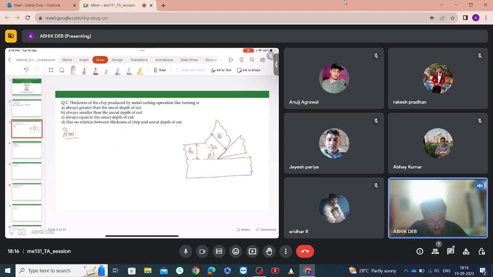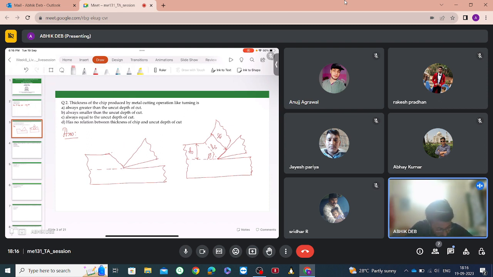How does the deformation take place? So this is the shear plane, and this is the tool, okay, which is moving in this direction. So the shearing does not happen like this. Okay, the cut does not happen like this.